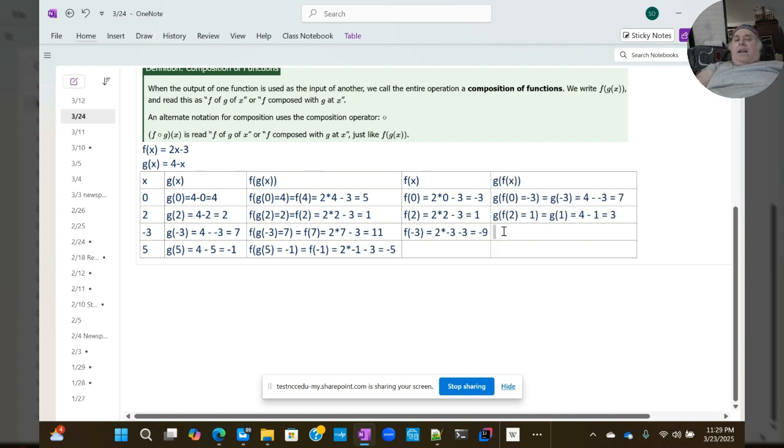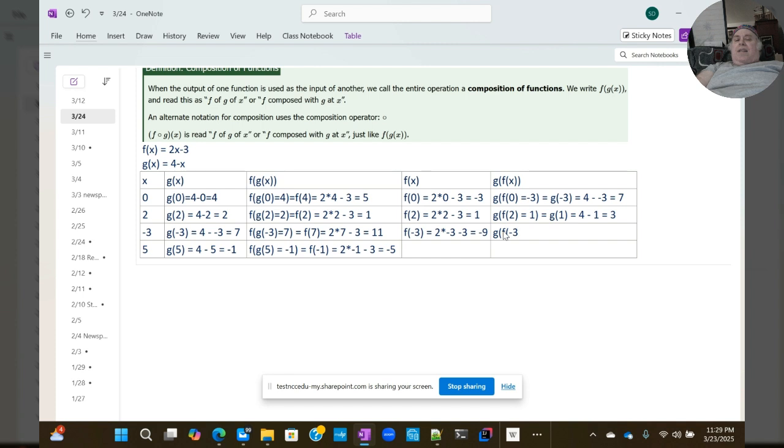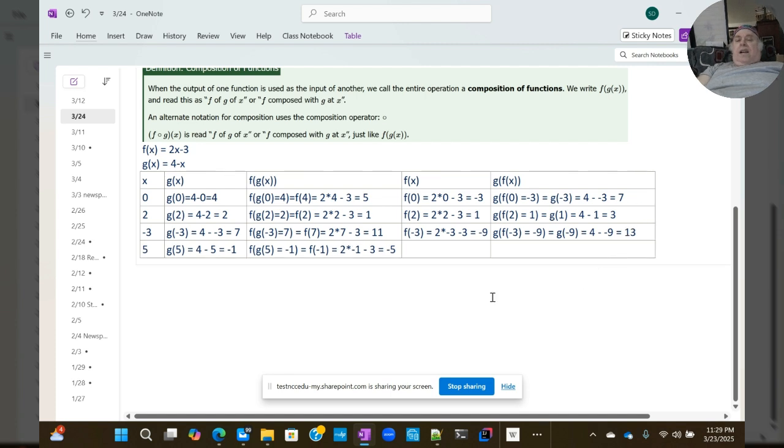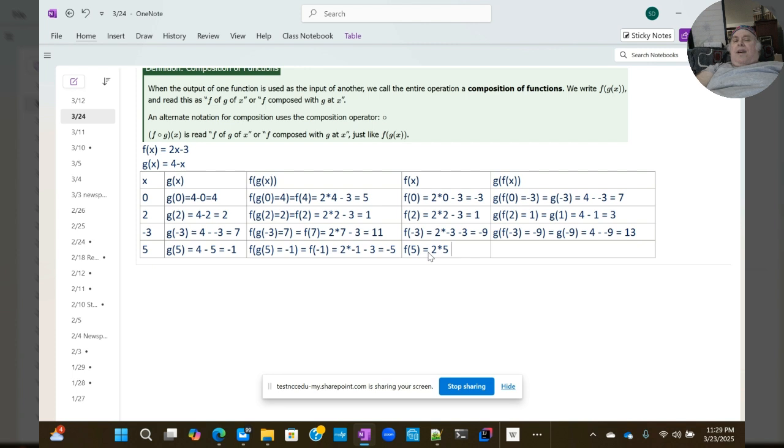And g of f of minus 3 equals g of minus 9, which is 4 minus negative 9, which is 13. Finally, we'll try f of 5, which is 2 times 5 minus 3, which is 7.